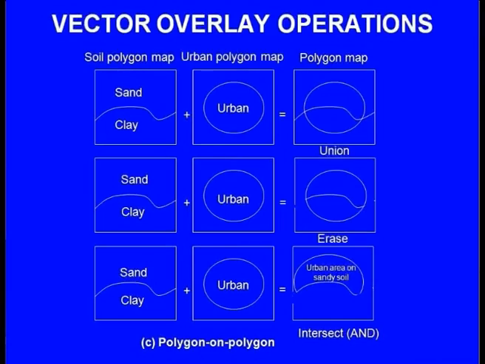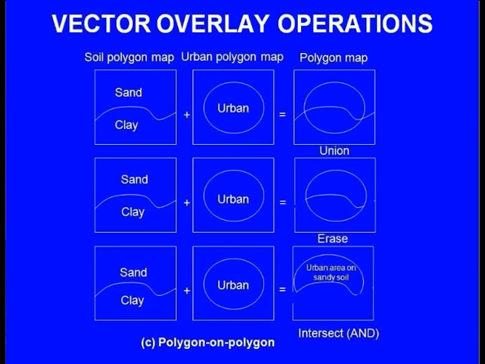So, in this particular slide we have a soil polygon map and an urban polygon map, and depending on the type of operation that we would like to have, we would get the result.